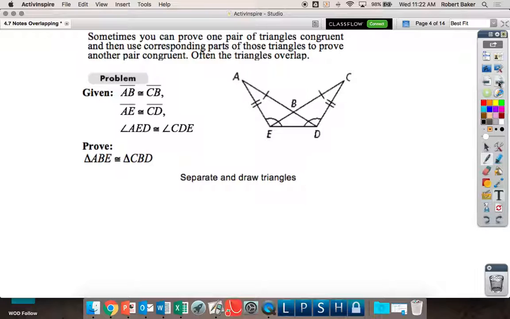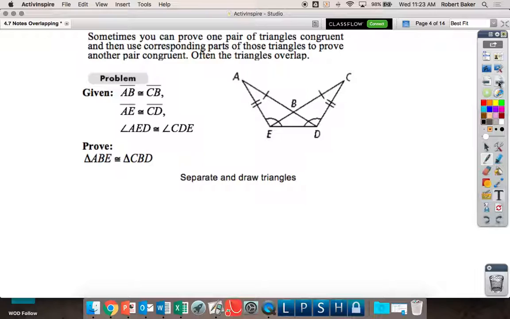Sometimes you can prove one pair of triangles congruent and then use CPCTC to prove another pair of triangles are congruent. We started with, can you use one shortcut to prove one set of triangles congruent? Now we're saying, can you use a shortcut to prove one pair of triangles congruent, then use CPCTC to prove another pair congruent.